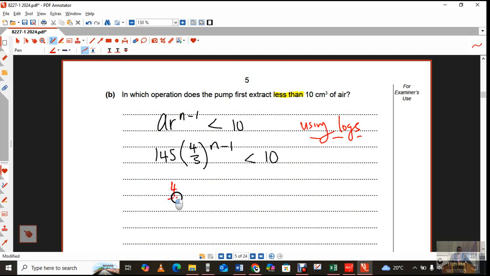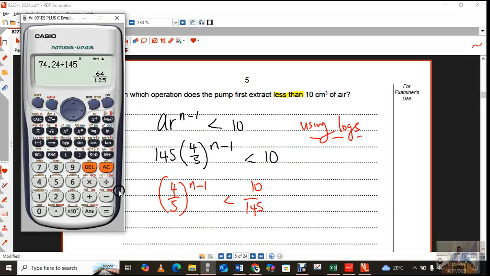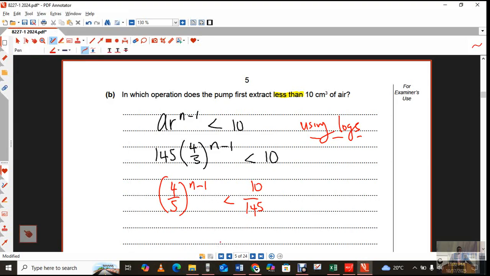So that's going to be 4 over 5 raised to the power of n minus 1 is 10 divided by 145. Okay, so if you look at 10 divided by 145, just to clean that up, what does that give me? 2 over 29. Okay, right.